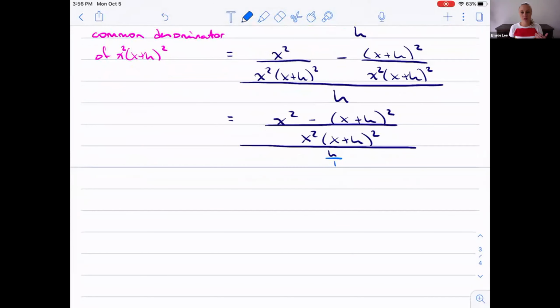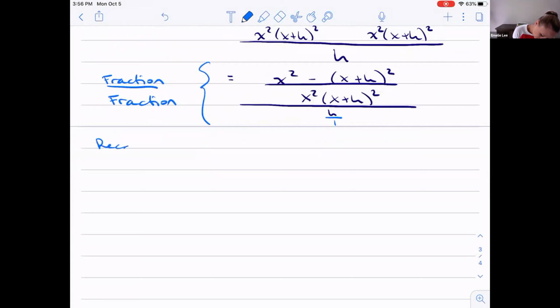And so when you've got that over h, usually to simplify things, you'd write it as a fraction over a fraction. So recall that a over b over c over d is the same thing as a over b times d over c. And then if you're multiplying fractions, you can just multiply across.